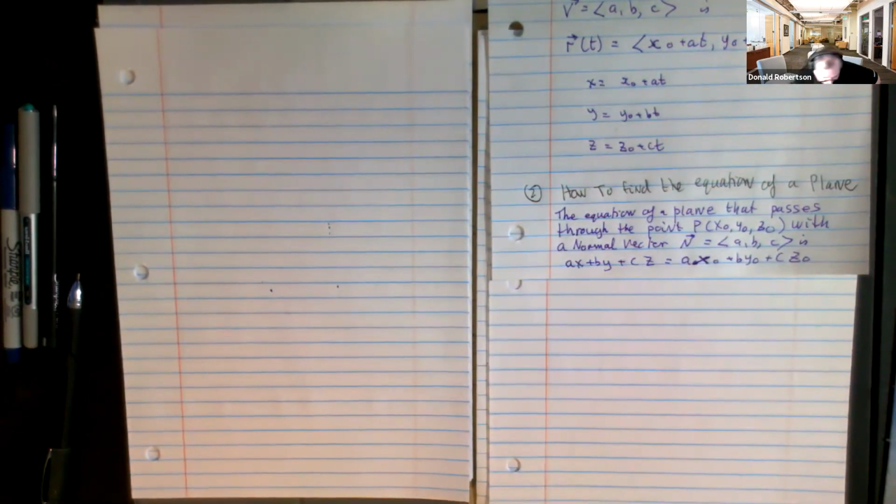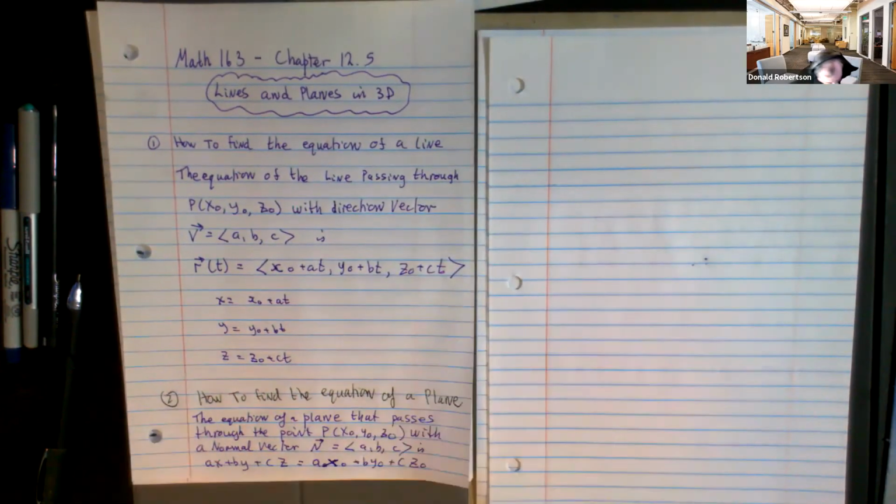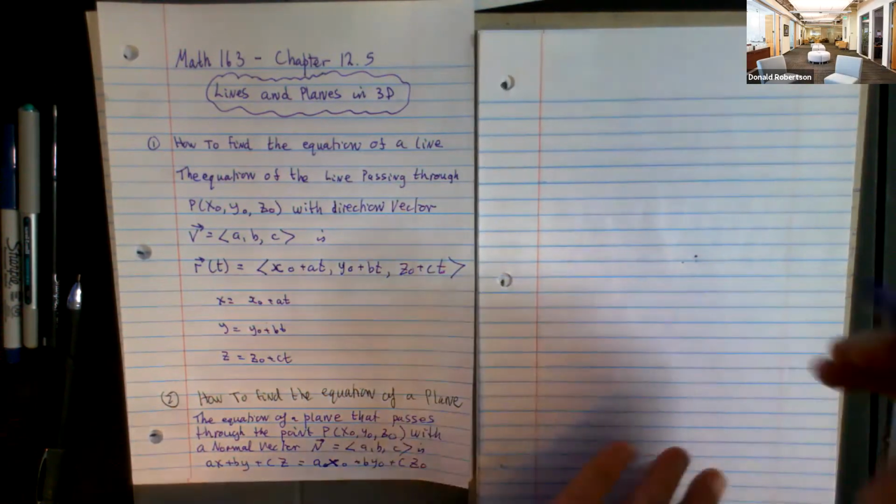So the equation of a plane that passes through a given point P with a normal vector A, B, C is given this. So let me try and show you what that looks like.